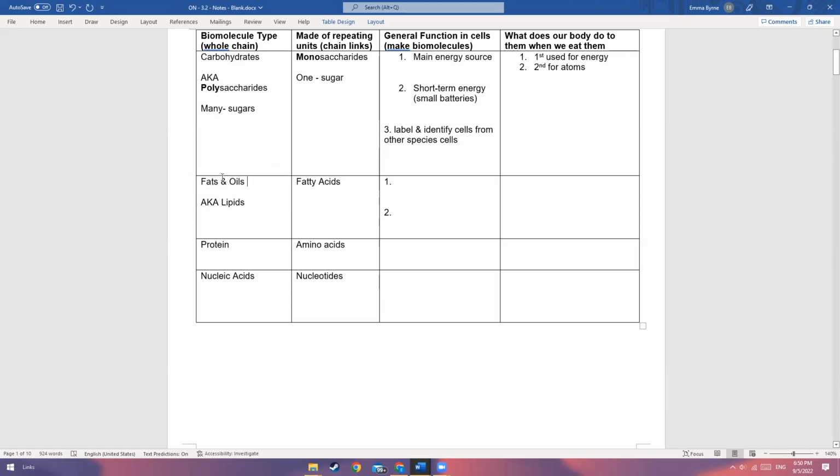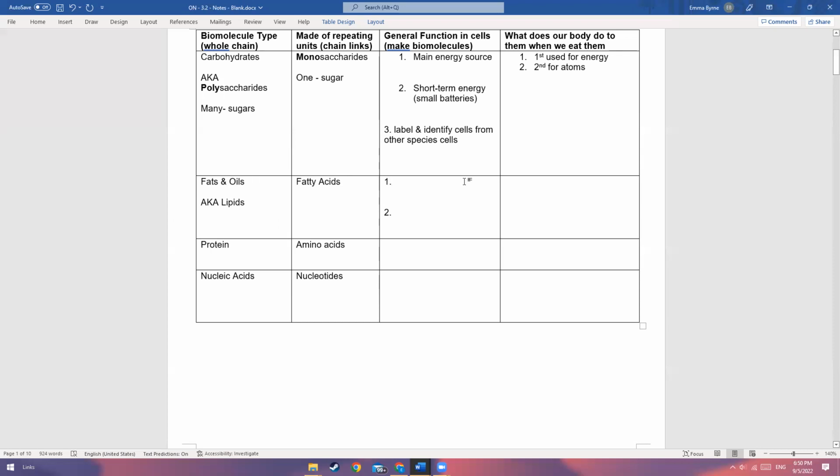That counts under this lipid category, but you can also have things like oils, like olive oil, even though it's maybe unsaturated, it still falls under this lipid category. So the lipid is the castle, it's the large macromolecule. What is the repeating link? It is fatty acids. So fatty acids combine together to create lipid structures.